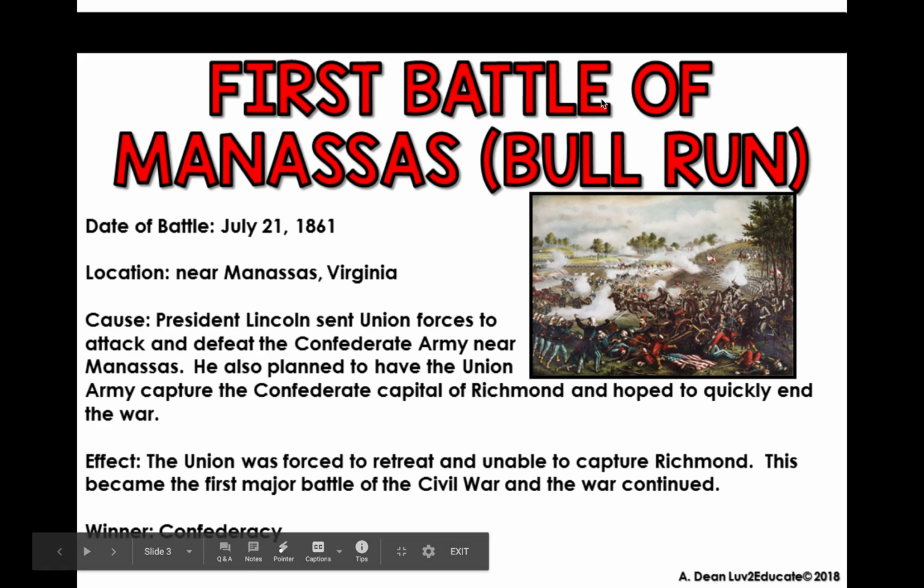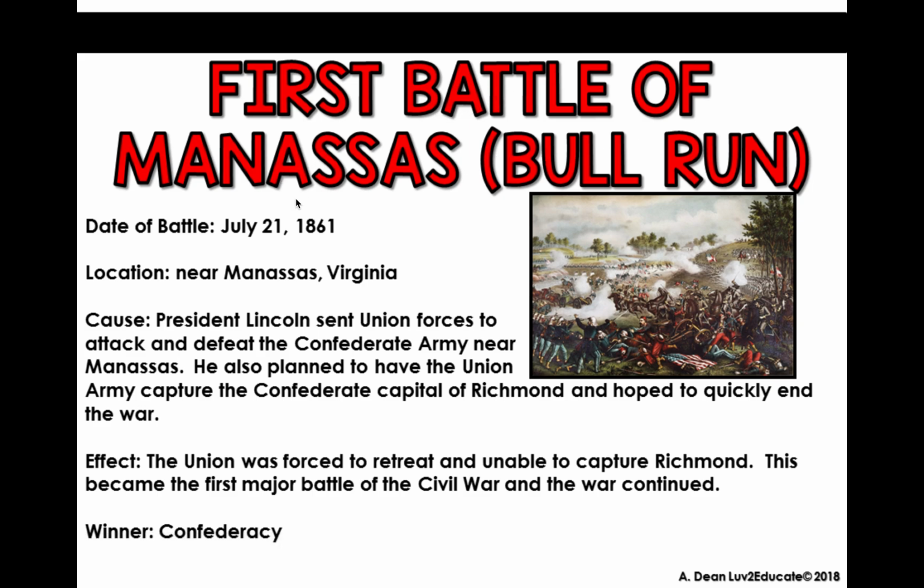Now we have the First Battle of Manassas, the Bull Run. This one took place on July 21st, 1861, near Manassas, Virginia. President Lincoln sent Union forces to attack and defeat the Confederate Army near Manassas. He also planned to have the Union Army capture the Confederate capital of Richmond and hoped to quickly end the war. So, what happened as an effect?